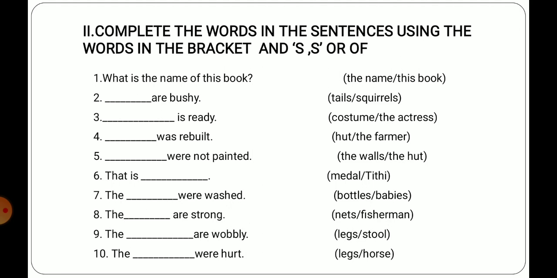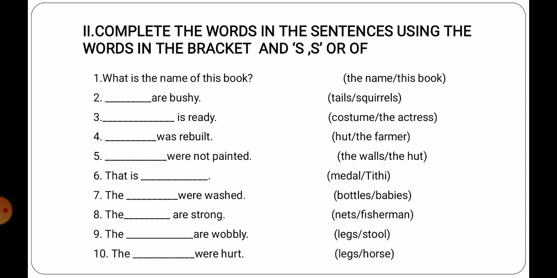Costume, the actress, costume belongs to the actress. Hut, the farmer, hut belongs to the farmer. The walls, the hut, the walls belong to the hut. Medal, Tithi, medal belongs to Tithi. Bottles belong to babies. Nets belong to fishermen. Legs belong to stool. Legs belong to horse.